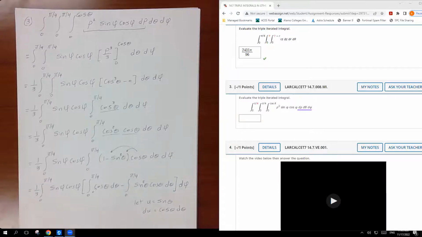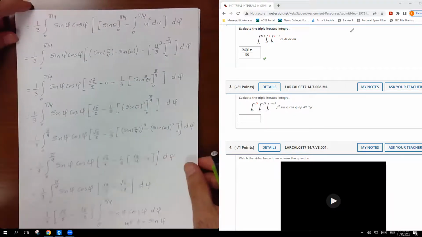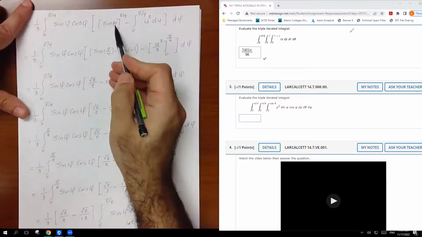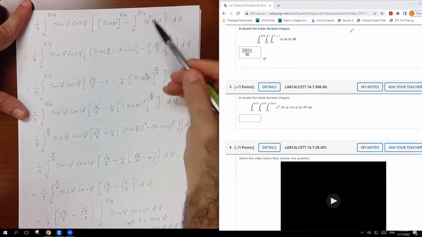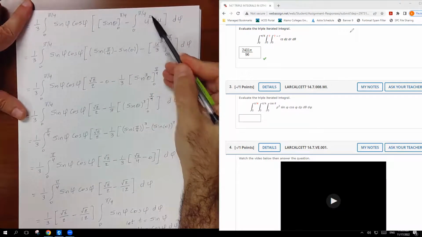So the integral of cosine is going to be sine theta, and this one is going to be u squared, and everything here is du. That's what's going to happen next. So the next step is sine theta from 0 to pi over 4, and the integral of u squared du.